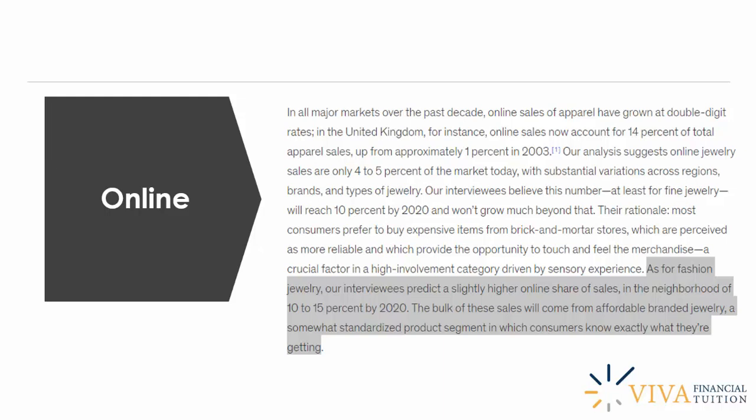That's because, as we see above here in terms of the rationale for fine jewellery, most consumers prefer to buy expensive items from brick and mortar stores, which are perceived as more reliable and which provide the opportunity to actually touch and feel the merchandise. That seems to be less of an issue when it comes to fashion jewellery, as this is seen as a jewellery that is more replaceable, perhaps a little bit more disposable, and there's the demand again for new styles all the time, styles that can be changed around and tried with different items of clothing and mixed and matched, for example.